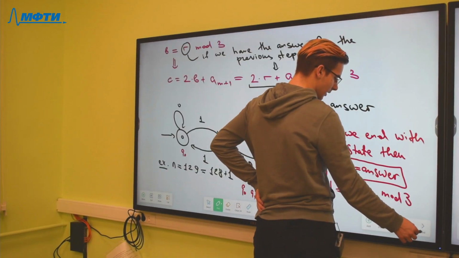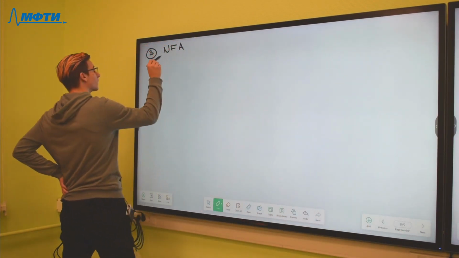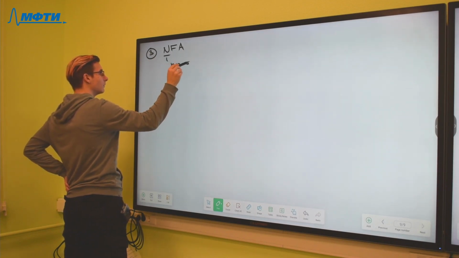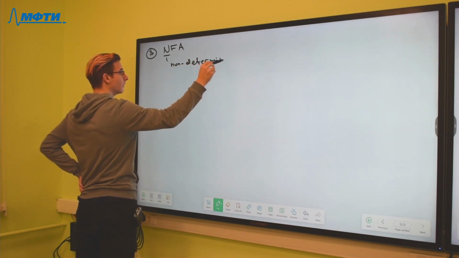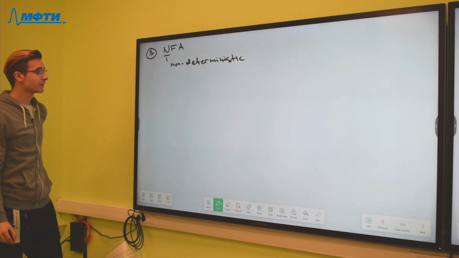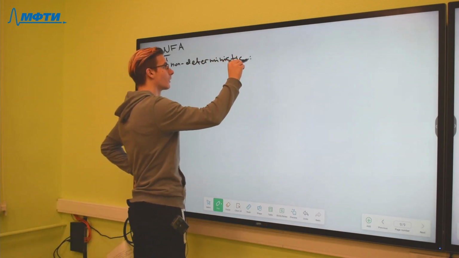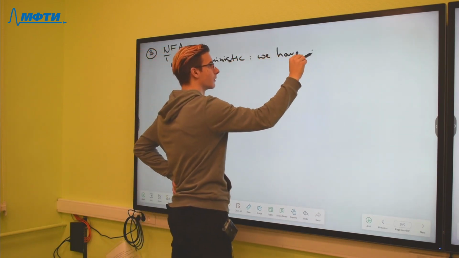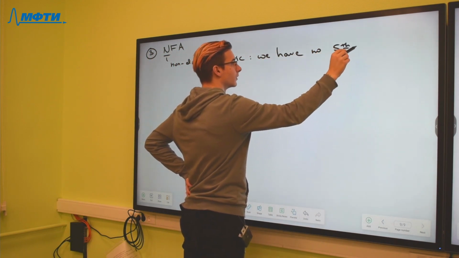So in the NFA, the non-deterministic finite automaton, we have no such restriction.